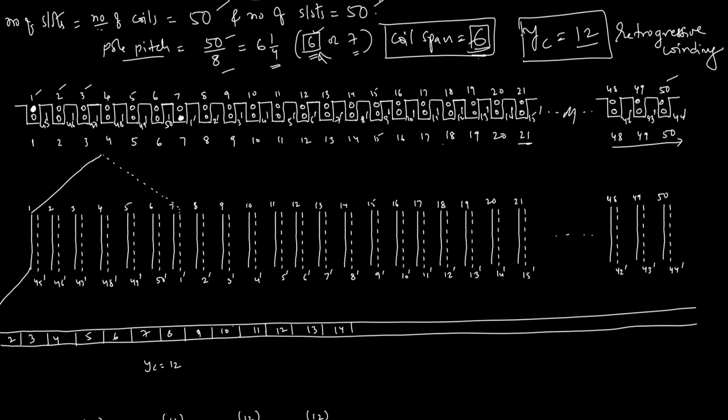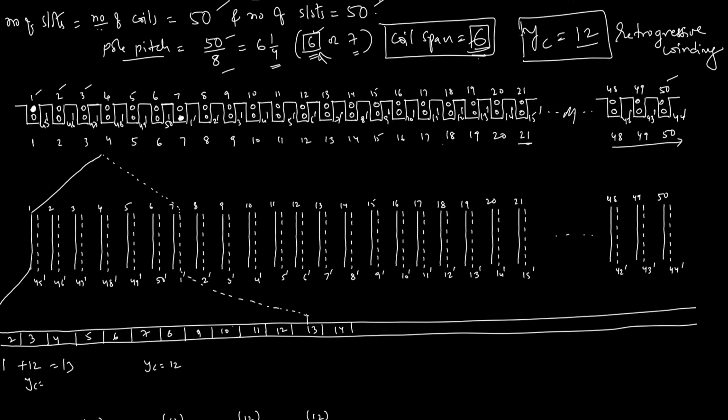Now 1 dash will go and meet at 13, because 1 plus 12 is equal to 13. Commutator pitch is 12, so it will meet at 13.